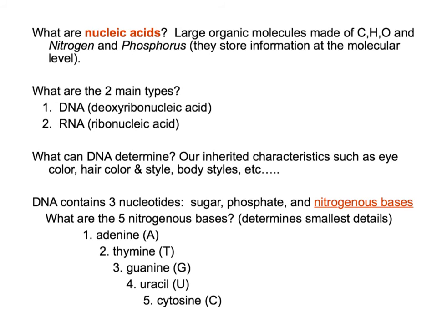Again, DNA has a few unique characteristics. Number 1, it's double-stranded. Number 2, the pairing rule is A with T and C with G. DNA is found inside the nucleus and cannot move from the nucleus.